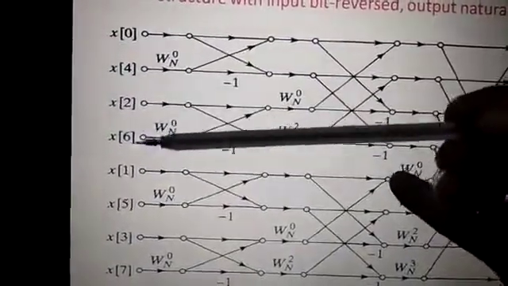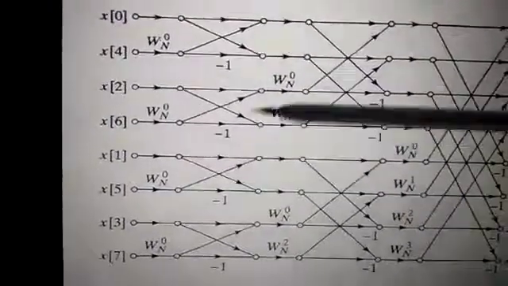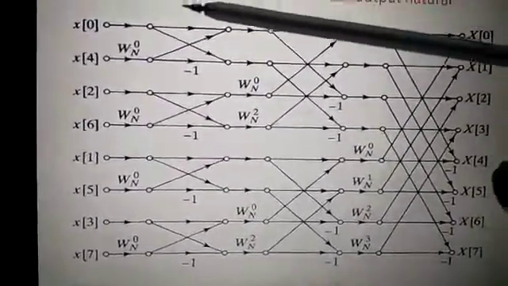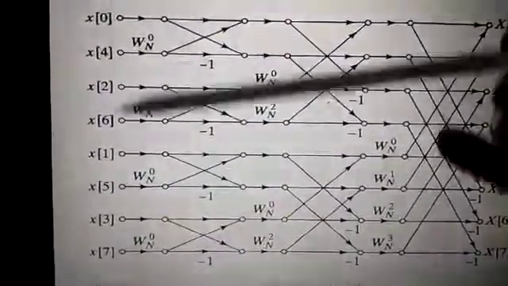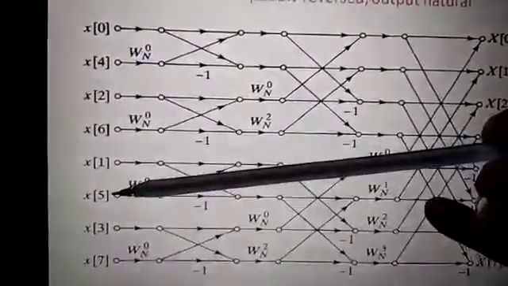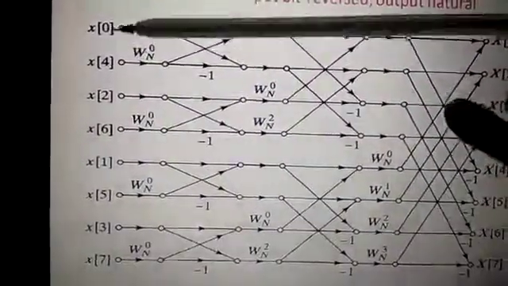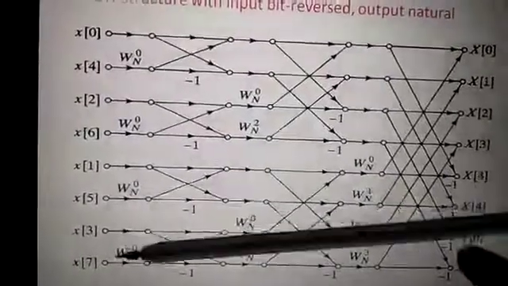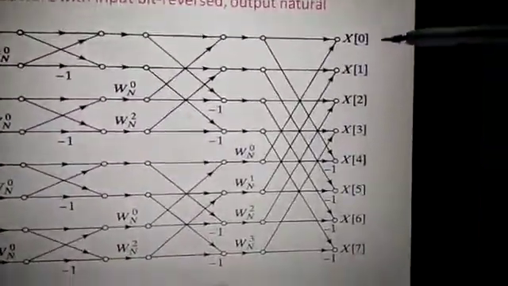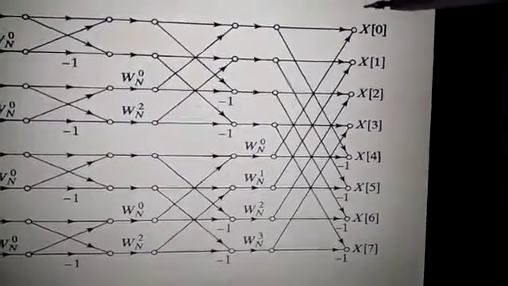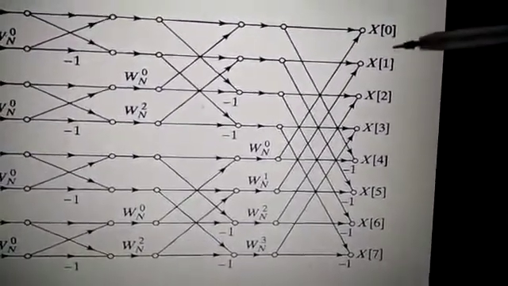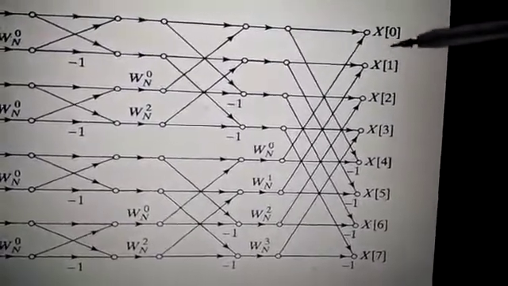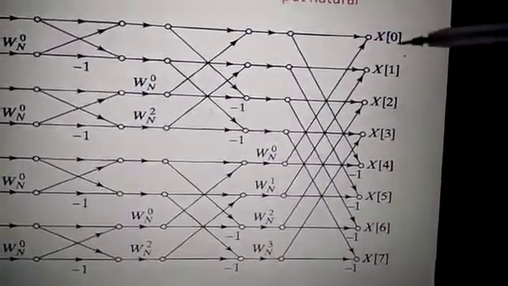Always remember, for the 8-point DIT algorithm, the input sequence will always be like this: 0, 4, 2, 6, 1, 5, 3, 7. For 16 points it will be different. But at the output side, the frequency side, there will be no change in the sequence. This is from X of 0 to capital X of 7, the frequency output, that is DFT.